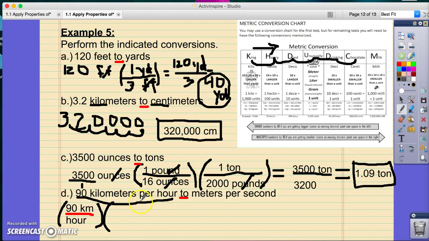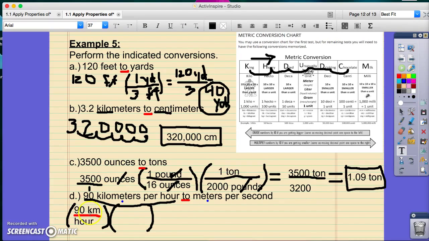I want us to start with kilometers. Kilometers goes here to meters. So look at your unit. You can look at the chart here in case you need help. You see it says 1 kilometer equals 1,000 meters. So that's what we're actually going to use here.